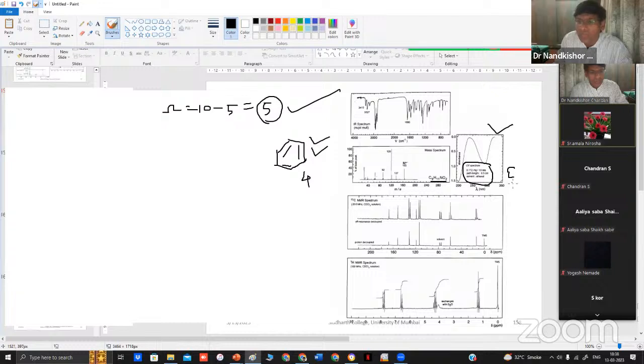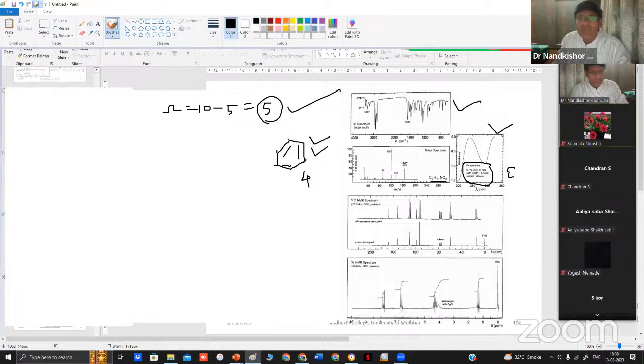We have already calculated an epsilon value of 1700. From the UV spectrum, you come to know there is a presence of n to pi star transition and pi to pi star transition, and the epsilon value is 1700 and above. That means there is extended conjugation. That type of information you get from the UV spectrum.